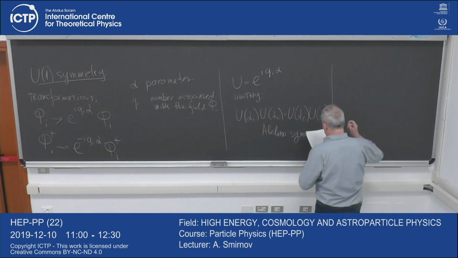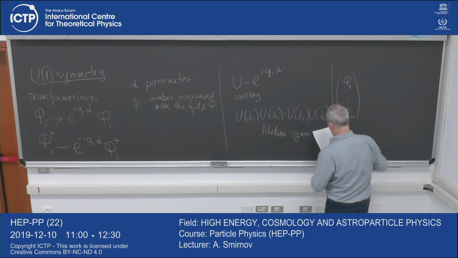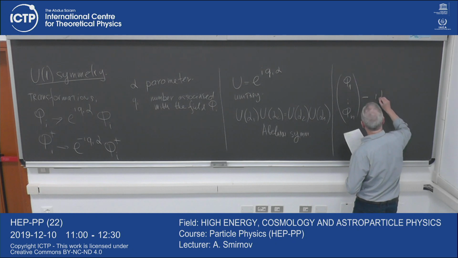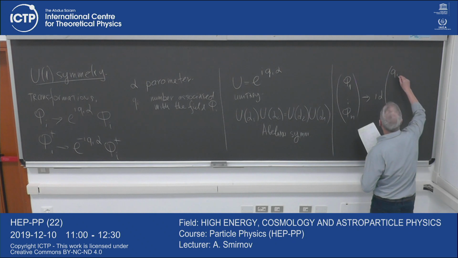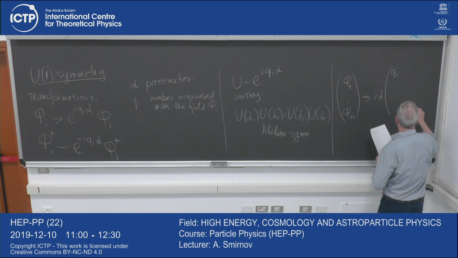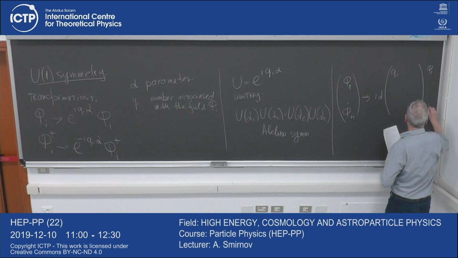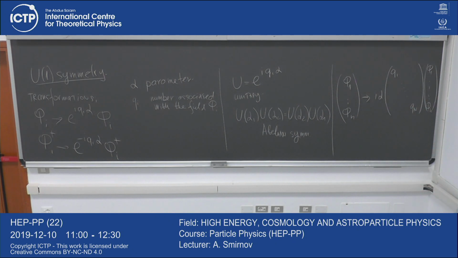And therefore we can write the transformation, or more precisely the infinitesimal transformation, as i alpha times Q_1 to Q_n acting on phi_1 to phi_n.